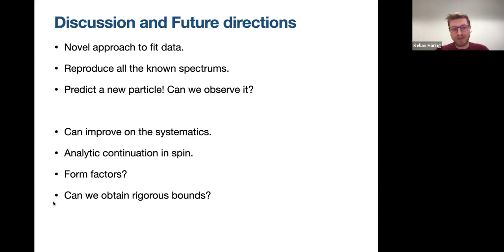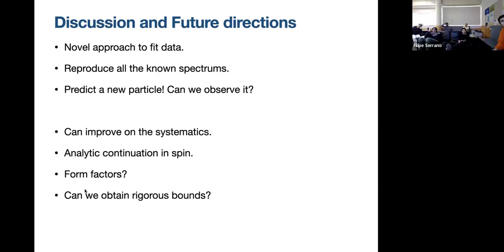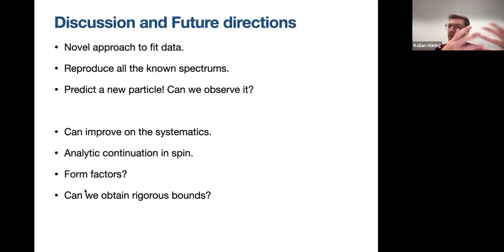And maybe the last one, which, as people coming from Bootstrap, we may wonder, is can we obtain rigorous bounds? Here we did a fitting procedure, and we predicted the position of resonances using this procedure, but we did not put bounds on the position of these resonances. So one may wonder, can you do the opposite? Can you say where a resonance cannot be?